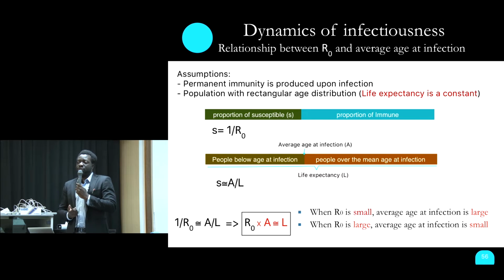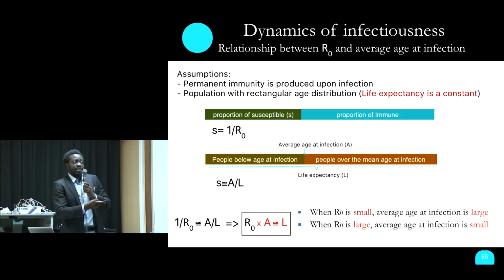When you're infected with measles, you develop immunity that protects you against further infections in the future. And let's also assume that we have a rectangular age distribution, meaning that life expectancy is a constant in a population. So we have these two assumptions here.